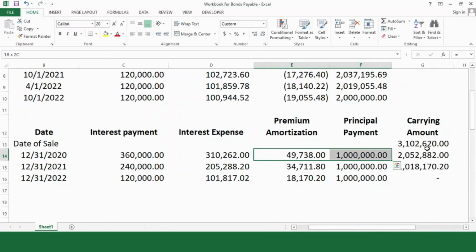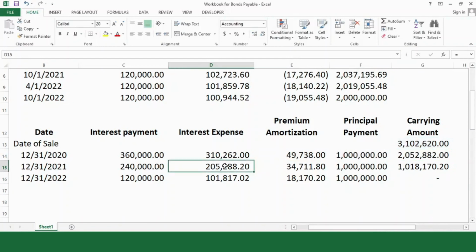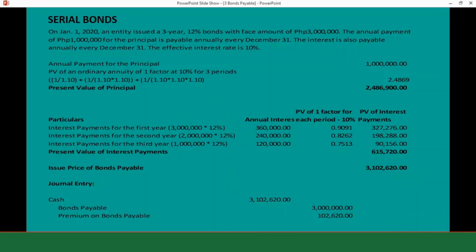So, pareho silang bawas. Bawas mo itong dalawa na to sa 3,102,620. So, you will get updated carrying amount 2,052,882. Okay, so on and so forth. Ganun magiging basis niyan. Ito, 10% of the new carrying amount as of the moment. Okay, hanggang mag-zero out siya. Okay, so ganun lang yon. Entries, kayang-kaya niyo nang sundan yan. Okay?